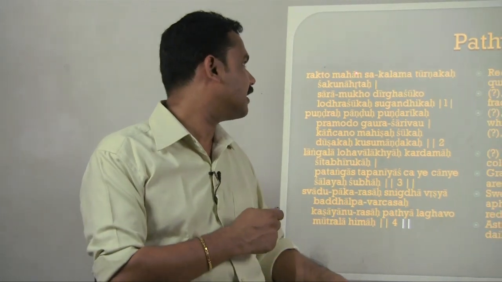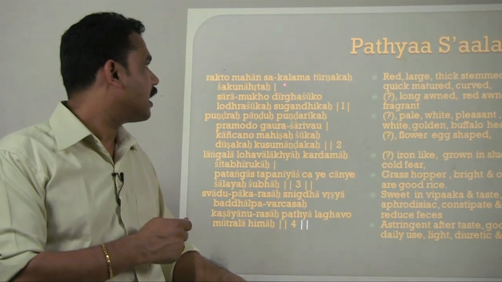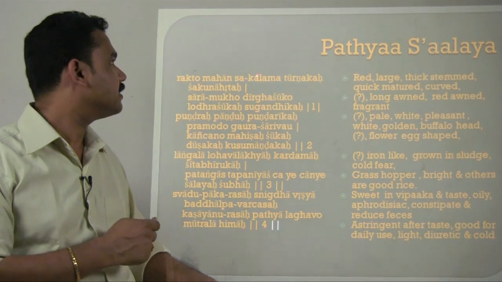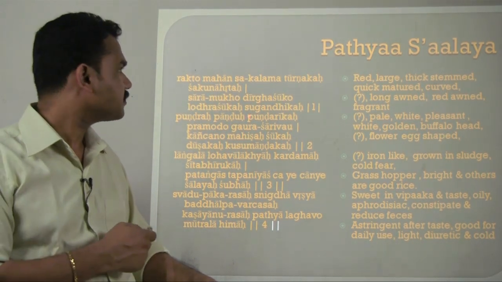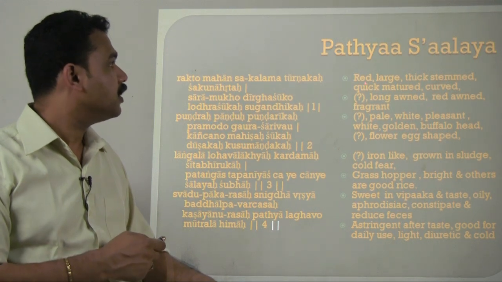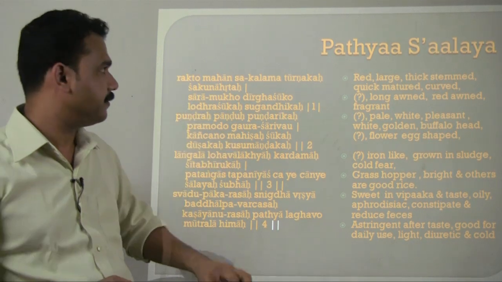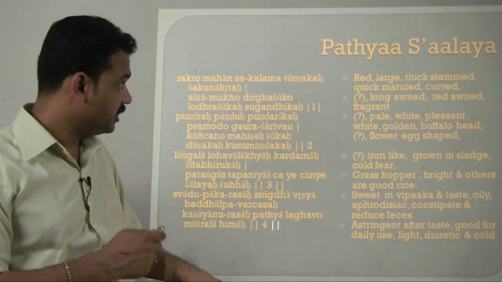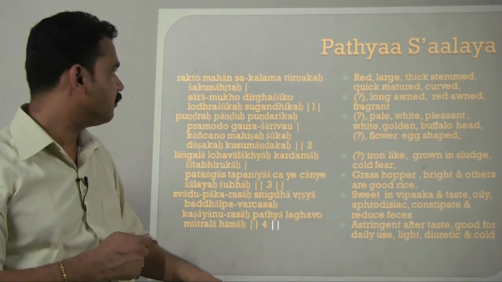Let us see that later. Mahan just means large. Kalama means thick stemmed, and Sakalama means which has a thick stem. Turnaka means which matures quickly, which has a short lifespan. Shakunahrada means curved. Saramukha, I couldn't find any information.